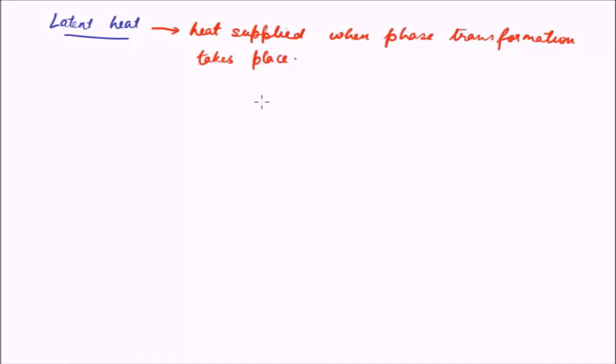Now that we have an idea about what latent heat is, let us see what latent heat per unit mass is. Suppose you have 2 kilograms of ice, you will require a certain amount of heat to melt it.